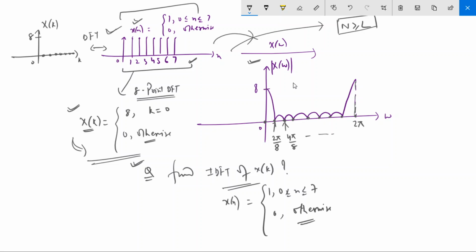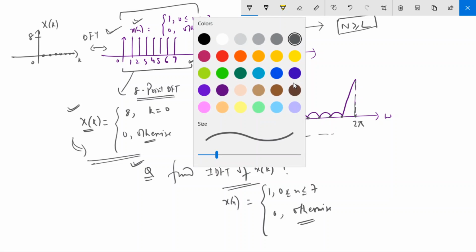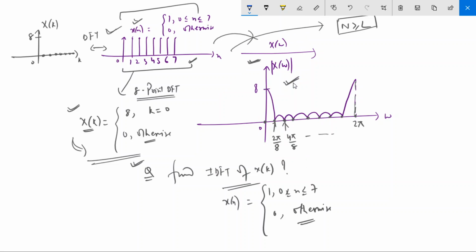And you will see one more thing here: this was the spectrum of this signal, and when I take its 8-point DFT, I am getting just one non-zero sample, at k equal to 0. All the rest of the 7 samples in the frequency domain are zeros. It means in the frequency domain you have just one sample, and still, if you solve this question, you will see that you are able to recover this sequence from a single sample only.